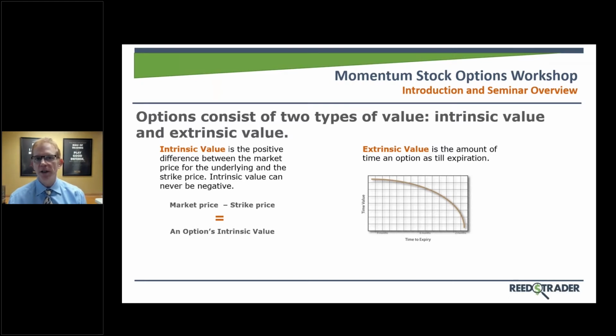So one-day options tend to be very cheap because you're going to need to make a decision basically today or by the end of day tomorrow whether you want to exercise or not. So extrinsic values are low. You can see here, the more time to expiration, the more value the option has. As we near expiration, the value goes to 0.